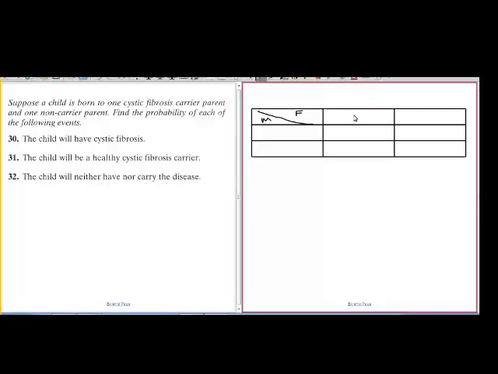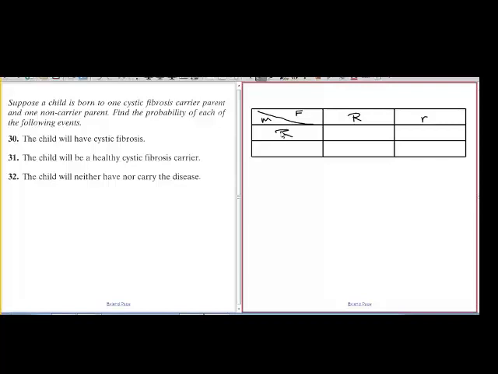And if you're a carrier of the gene, you have a dominant gene and you have a recessive gene. So I'm going to assume the mother has the carrier. And so it says one cystic fibrosis carrier parent and one non-carrier parent.